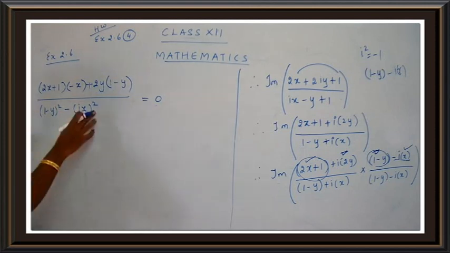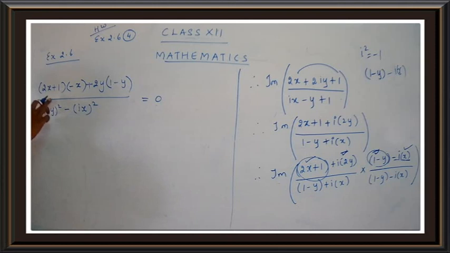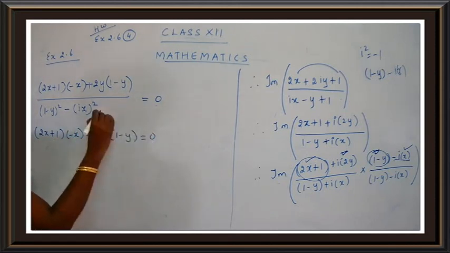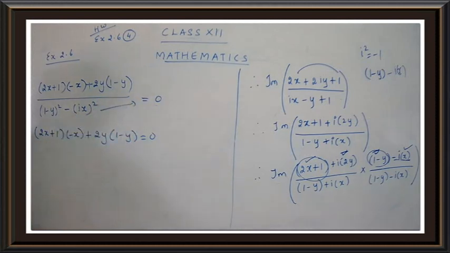So now what happens? When I take this term over here, everything becomes 0. Yes children, so only the numerator is left out. So 2x plus 1 into minus x, plus 2y into 1 minus y, is equal to 0. So when it goes to this side, it becomes 0.